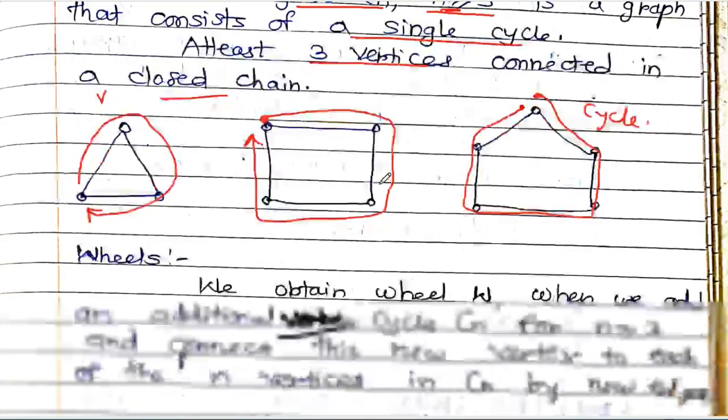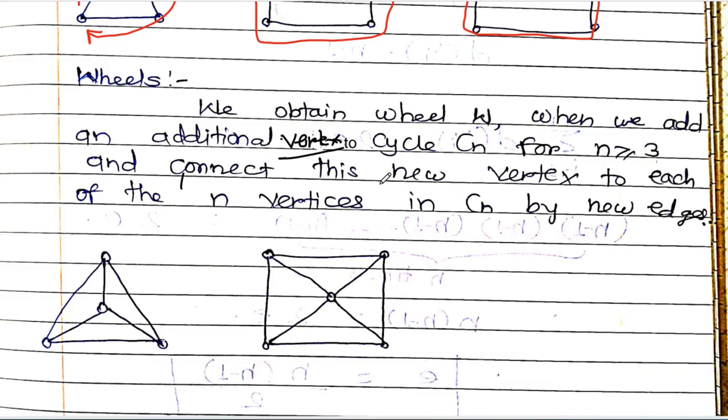Now next is wheel. When we add an additional vertex to the cycle graph Cn, for n greater than or equal to 3, and connect this new vertex to each of the n vertices of the graph, the new edges form what we call a wheel.